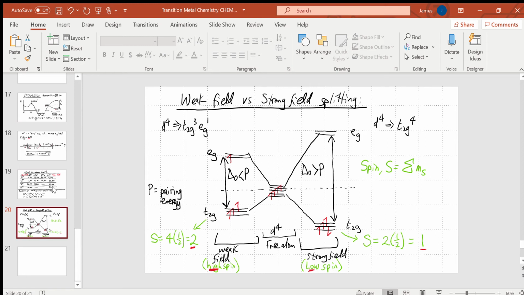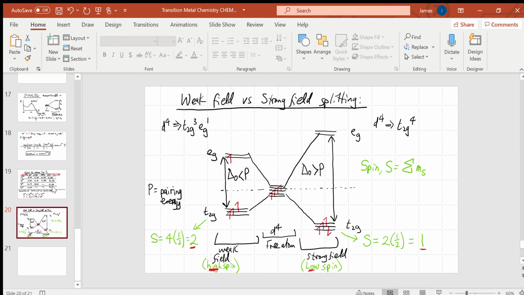There's two of the 5 d orbitals up here, the dz squared and the dx squared minus y squared. And then below the barycenter we have the T2G set, which are the dxy, dyz, dxz. And we have delta O here because it's relatively small.